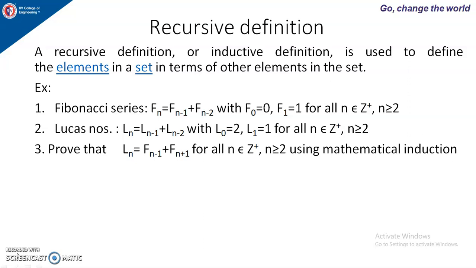Lucas numbers are given by Ln = Ln−1 + Ln−2 with L0 = 2 and L1 = 1 for all n belongs to Z+ and n ≥ 2. Lucas numbers can also be given by Ln = Fn−1 + Fn+1 for all n belongs to Z+, n ≥ 2.